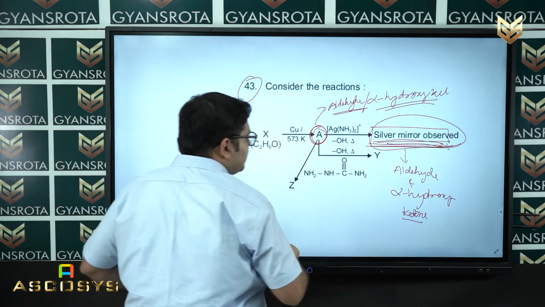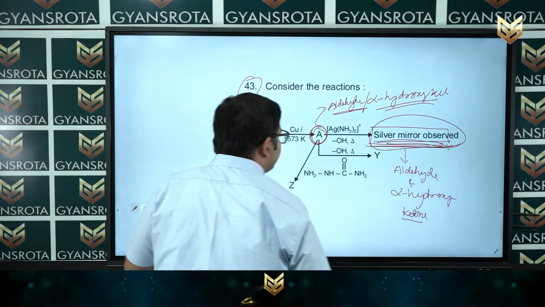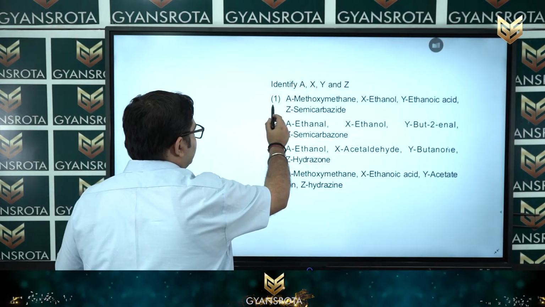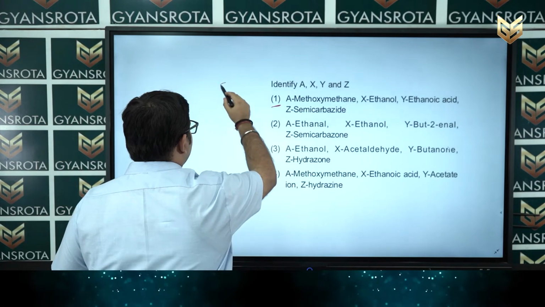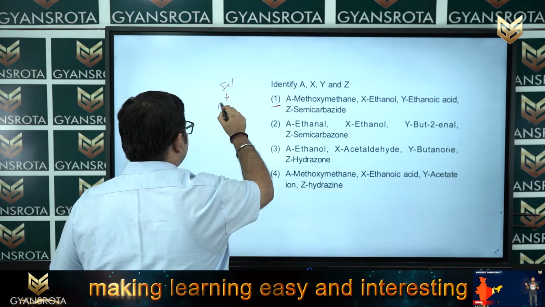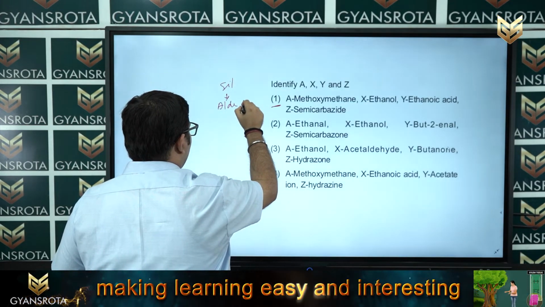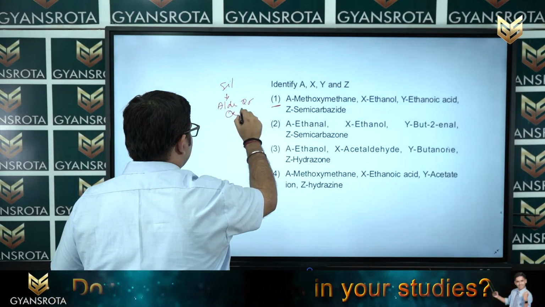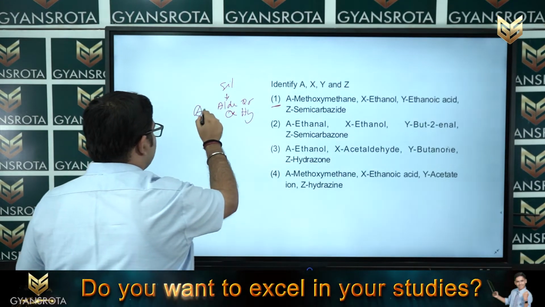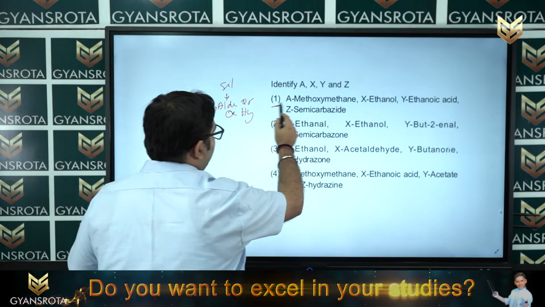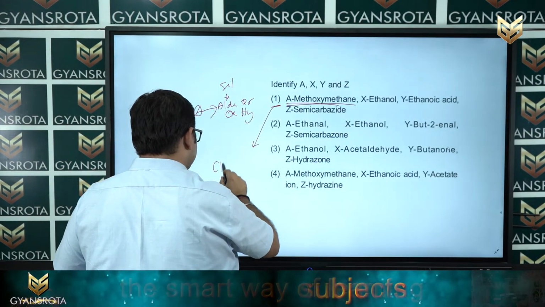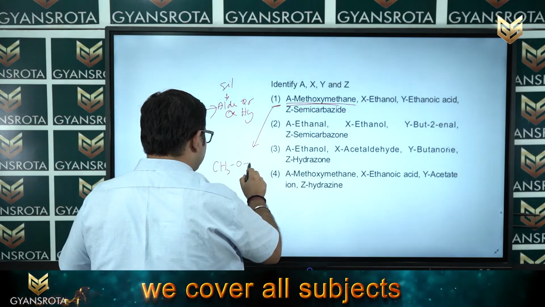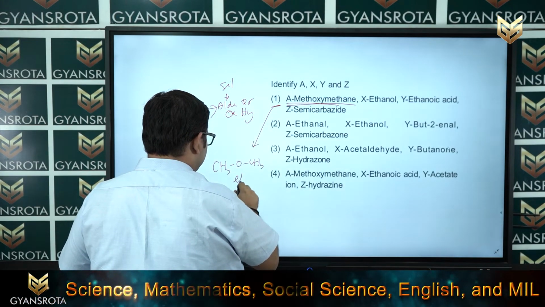Now, we are moving to the options. If you see option number 1, I know the silver mirror is given by your aldehyde or your alpha hydroxy ketone, which is your compound A. Now, see A is methoxymethane. It is nothing but CH3OCH3, your ether.